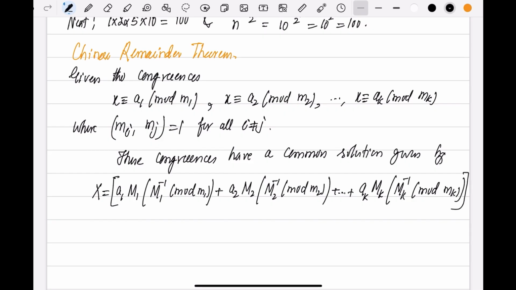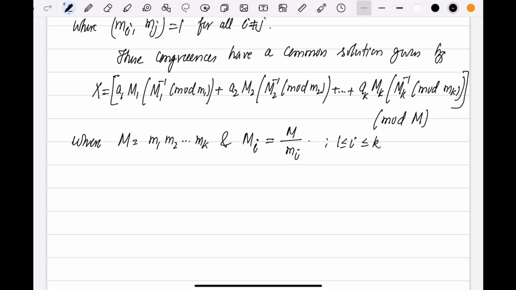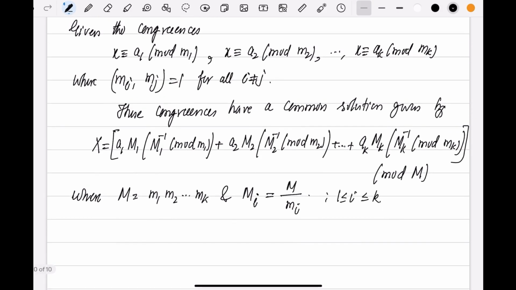Finally we have to take this whole expression modulo M. Now we have defined these capital Mi and capital M, where capital M is equal to m1 into m2 into mk, and capital Mi is equal to M divided by mi, for 1 less than or equal to i less than or equal to k. So this is how we define them.